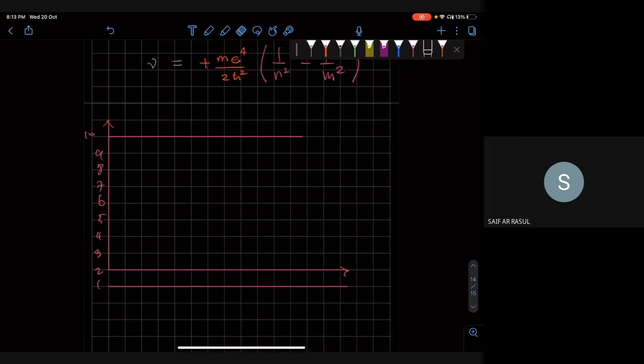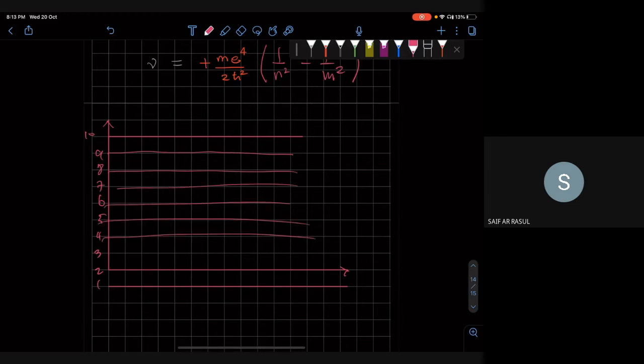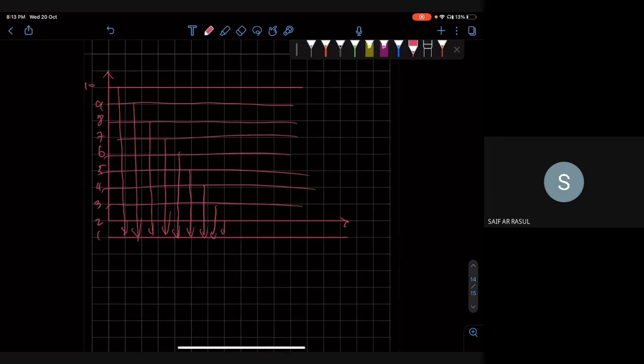And then there are all these series. There are all these different transitions. The transitions to the lowest level from all these different levels, that's called the Lyman series.